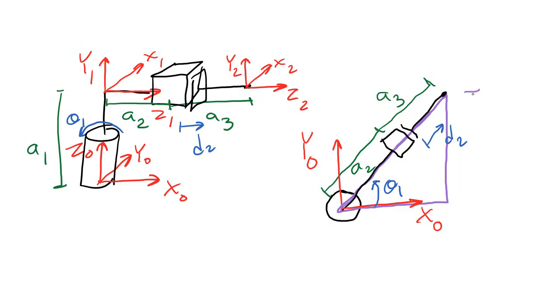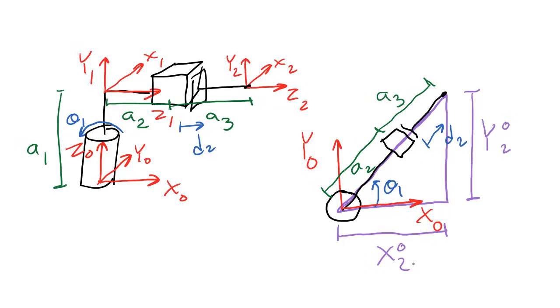This is a triangle that tells us the position of the end effector in the base frame. This distance here is y02, the y position of the end effector in the base frame. And this distance here is x02, the x position of the end effector in the base frame.